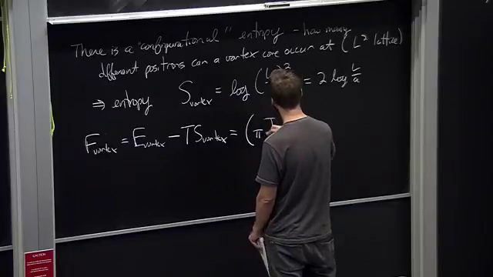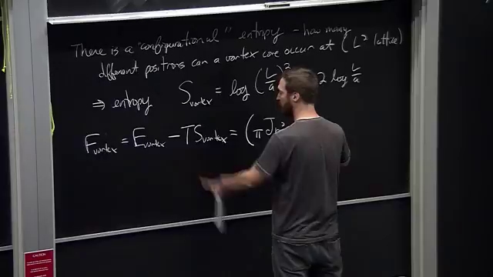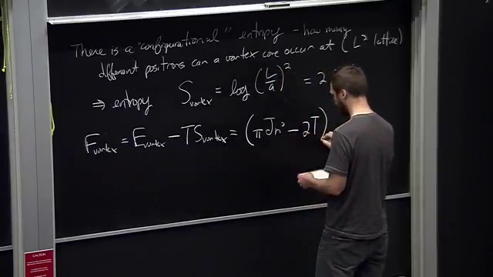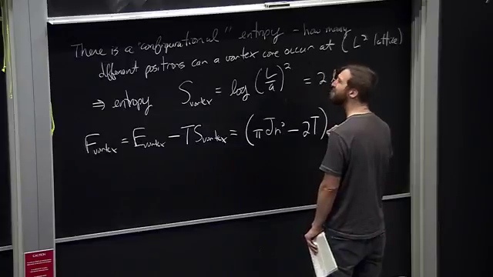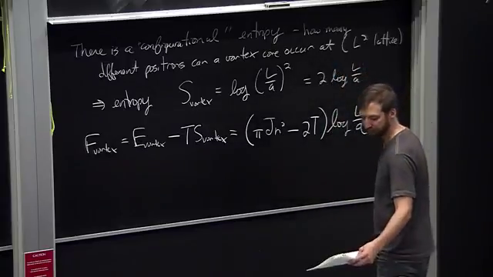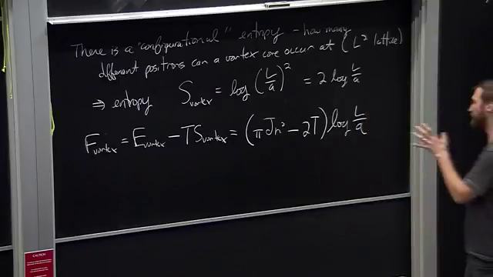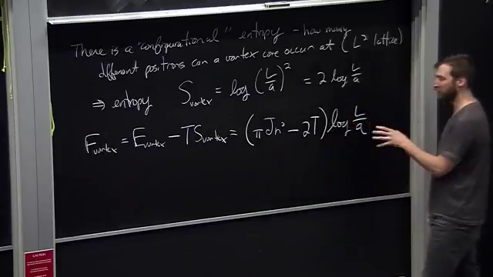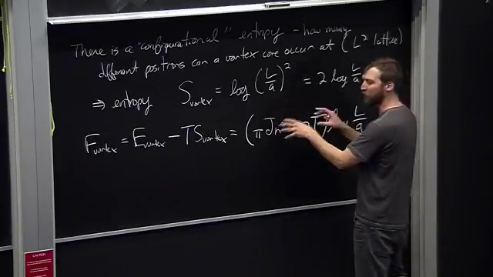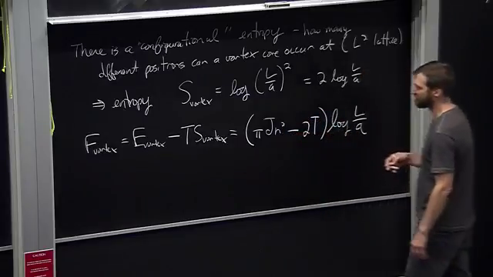That's probably pi J n squared over 2, and I have a 2T, something like that. Yeah, so it's the coefficient of the log. They're both logarithmic. If you have two terms here, how do you minimize the free energy? It depends on your temperature, right?